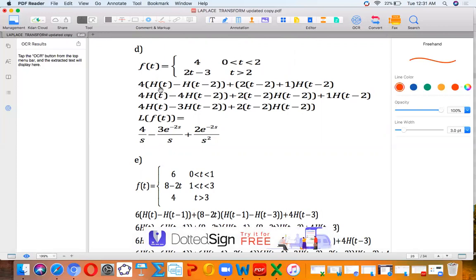So the first part is h(t-0), which is the same as h(t), and then this is h(t-2). Here we have 2t minus 3, and then you'd have h(t-2).